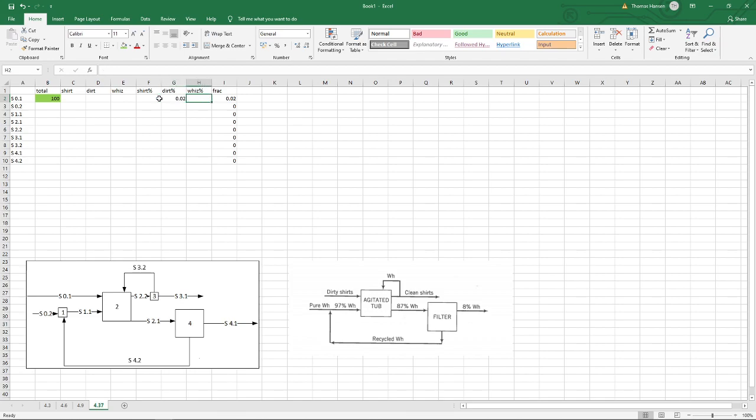And in this case, we don't have any cleaning agent present in the 01 stream. And we immediately have the percentage of shirts in the shirt stream. And we're doing a basis of 100. So I'll just take my shirt percent, multiply it by my total.